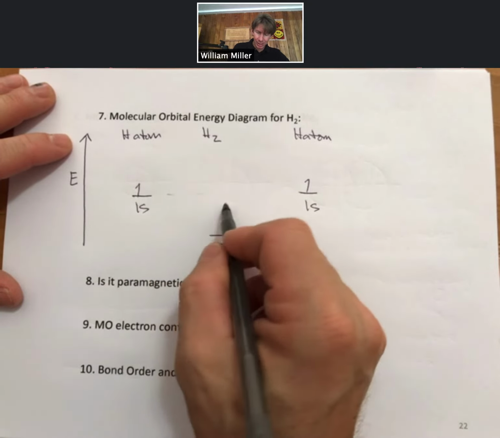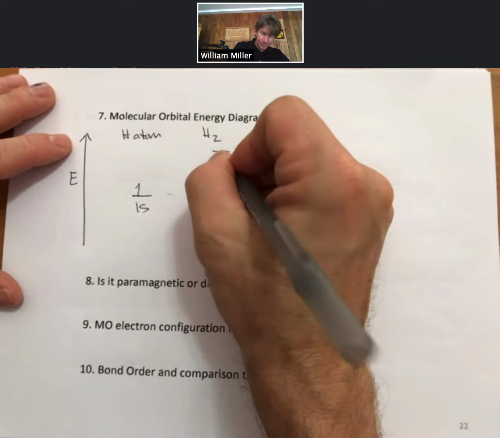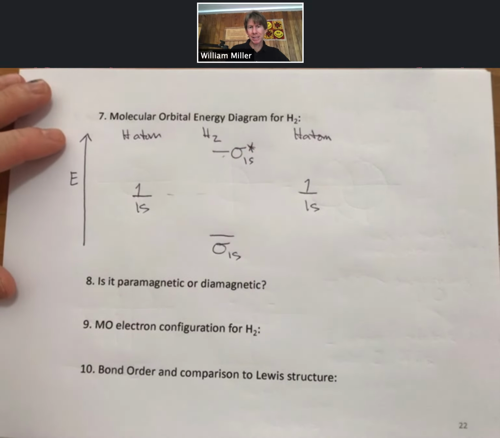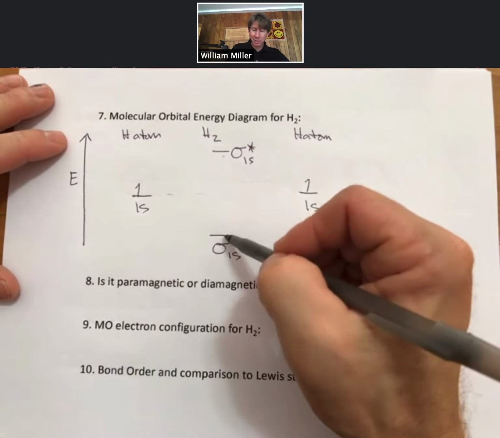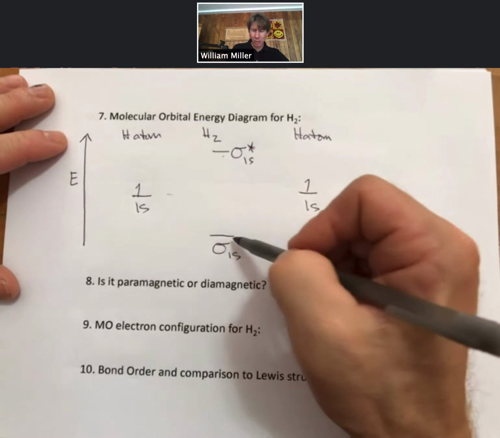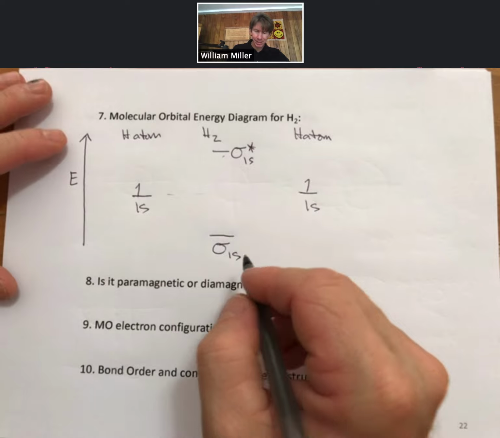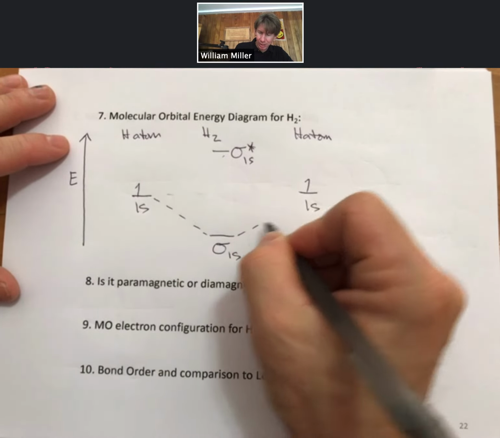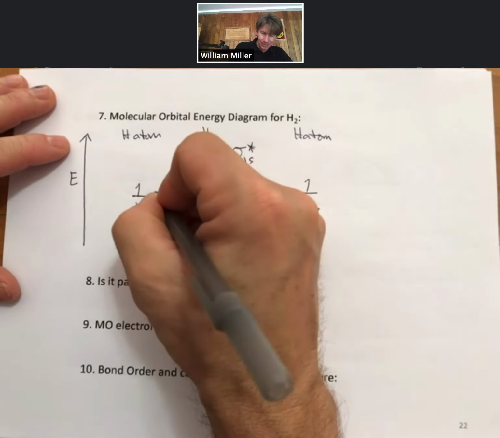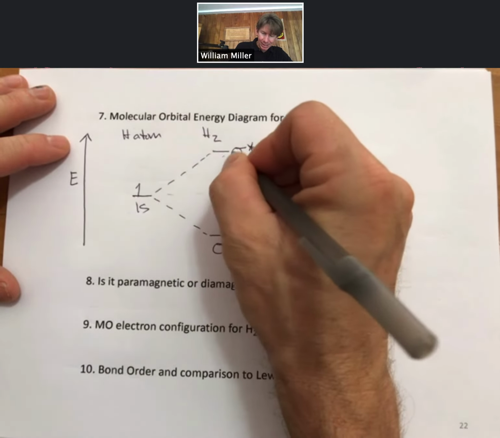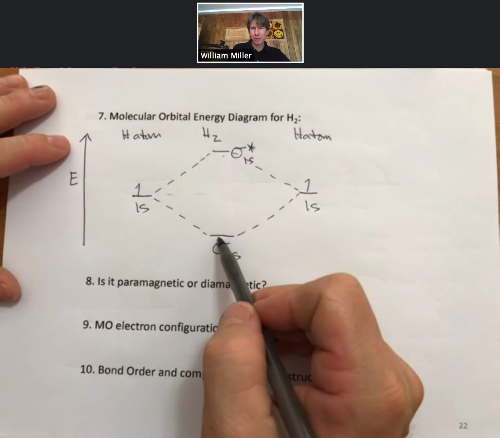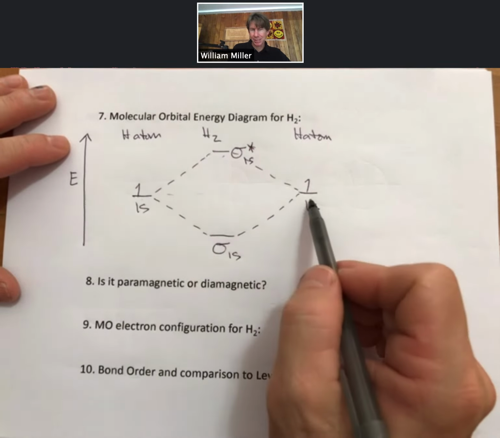And equally higher, sigma star 1s. And this is true. There's a splitting of these two. One's lower, one's higher. And at least for this one, because it's relatively simple, we will draw little dashed lines connecting them. And that's to give you the idea that these molecular orbitals are made out of the atomic orbitals.